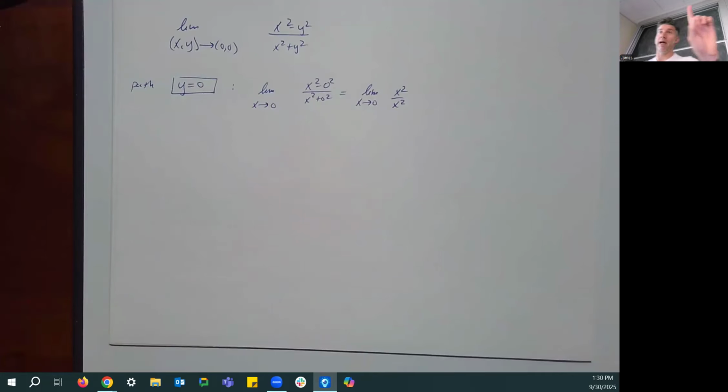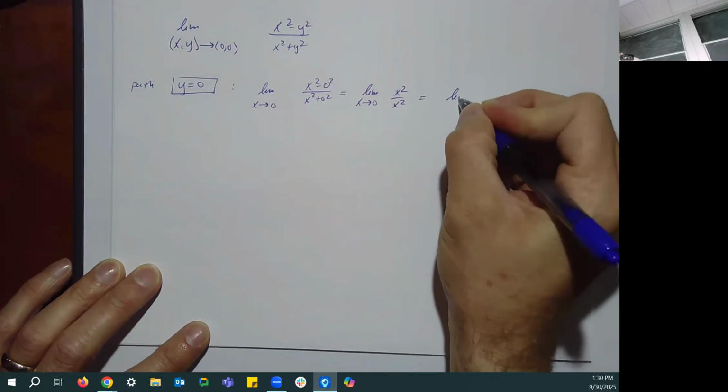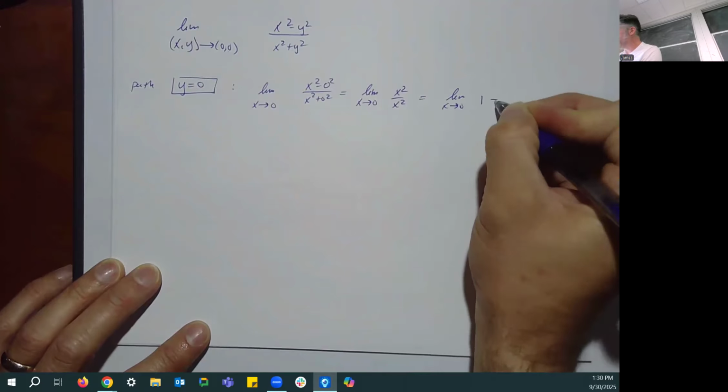I will remind you, x approaching 0 means x is getting really, really close to 0, but it is not equal to 0. As long as x isn't 0, x squared divided by x squared is equal to 1. Anything divided by itself squared, as long as it's not 0 squared divided by 0 squared, you're safe. So this is always 1 as long as you're getting really close to 0. So this is the limit as x approaches 0 of 1, which is 1.